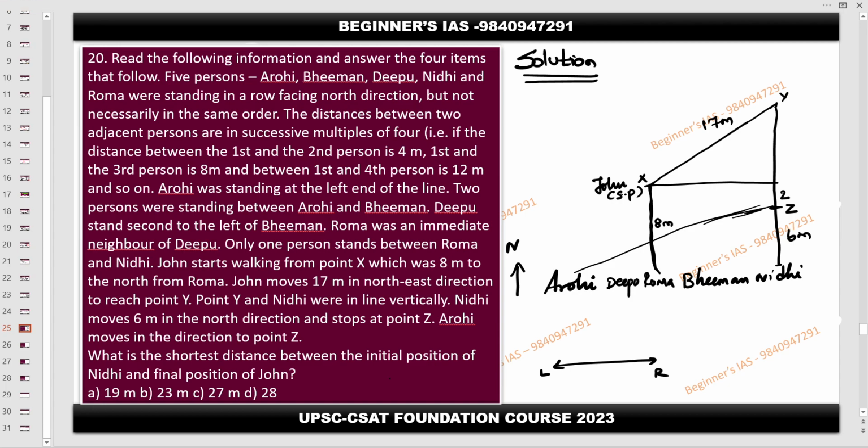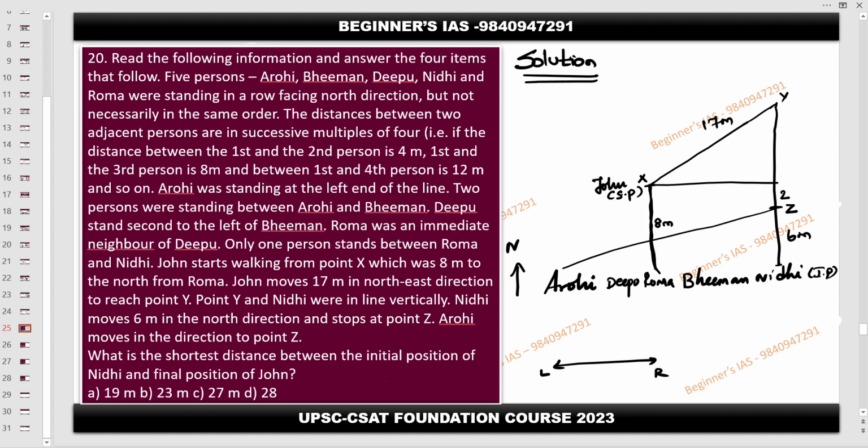Everyone clear? Yes, sir. Fine. Now the question is: what is the shortest distance between the initial point of Niti, which is this, and the final point of John?